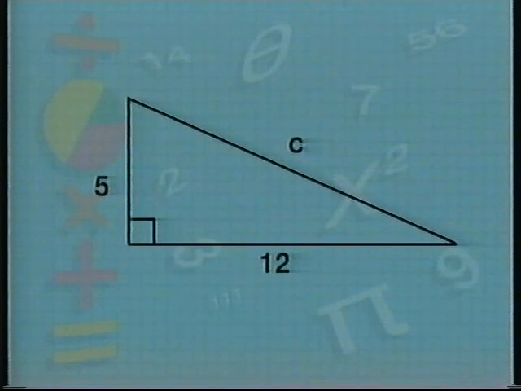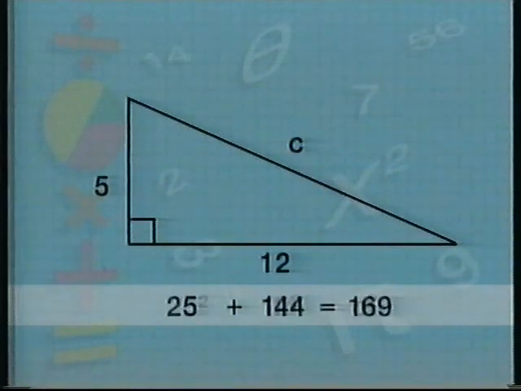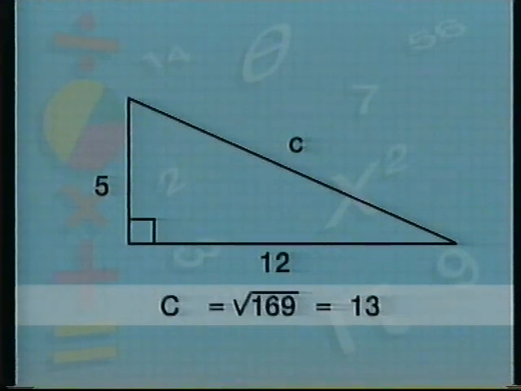If side A is 5 units and side B is 12, how long is the hypotenuse C? Put in the figures. A is 5 and B is 12. Now square the figures. Then they're added together. They give 169. So if c squared equals 169, c equals the square root, which is 13.